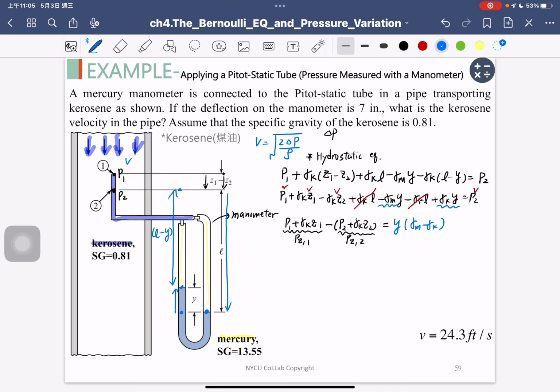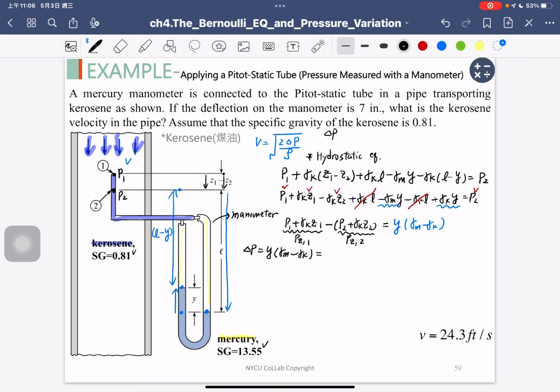Okay, so we certainly know what delta p is. Delta p will equal y times gamma n minus gamma k. We don't have gamma n and gamma k, but I have the specific gravity here.